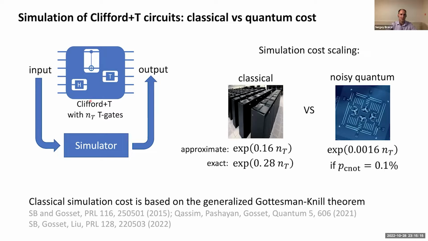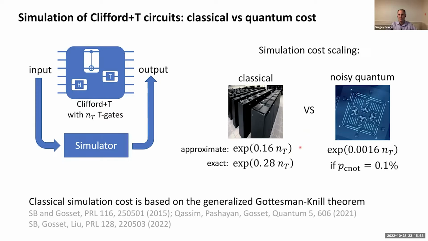And this circuit contains some number of T gates, which I denote N sub T. And we have 2 options. We can either do the simulation on a classical computer, or we can use a quantum hardware with logical qubits encoded by the surface code. And because magic state distillation requires too many logical qubits, let's say that instead we want to implement logical T gates by the quasi-probability method that I showed you.